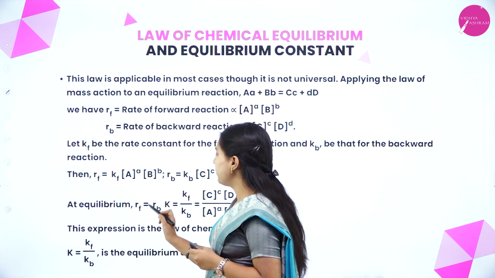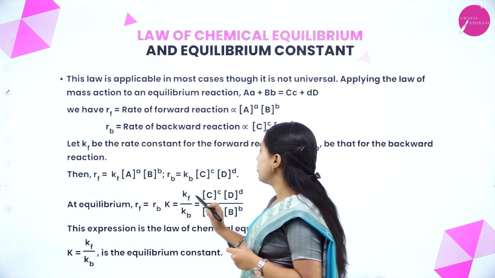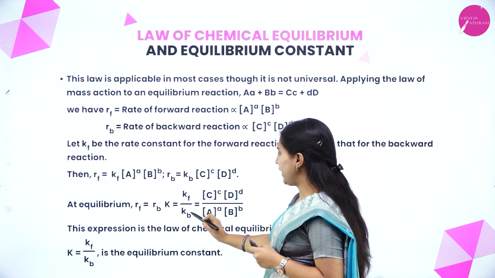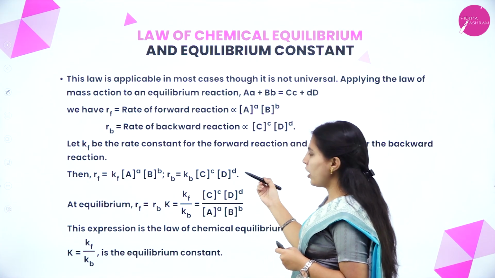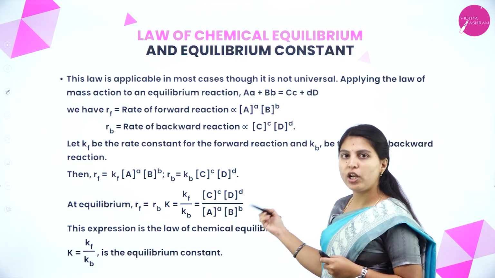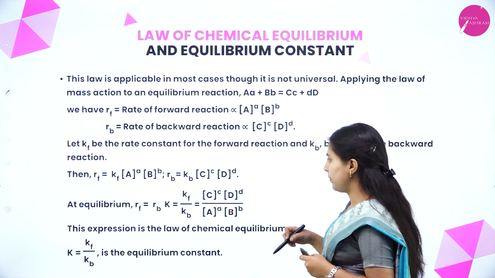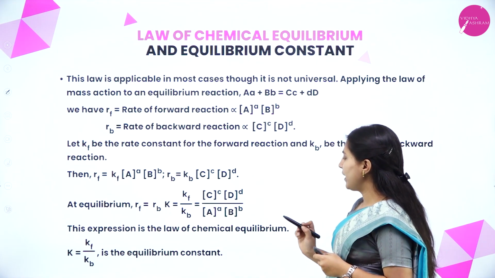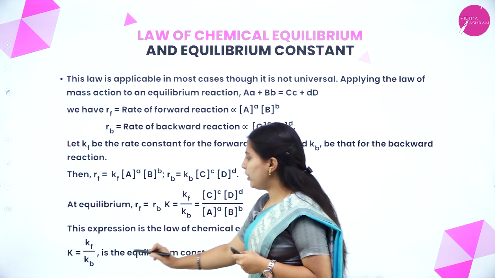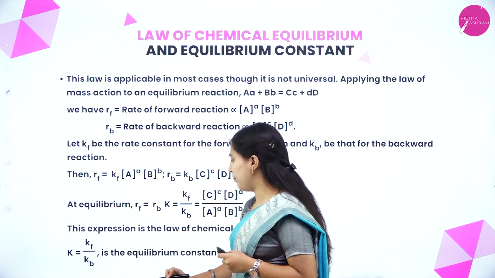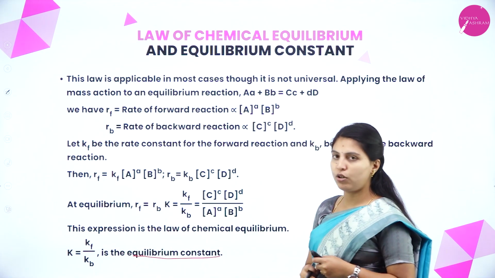At equilibrium, Rf equals Rb. So, K equals Kf by Kb equals the molar concentration of products by the molar concentration of reactants. This expression is the law of chemical equilibrium. K equals Kf by Kb. This is the equilibrium constant.